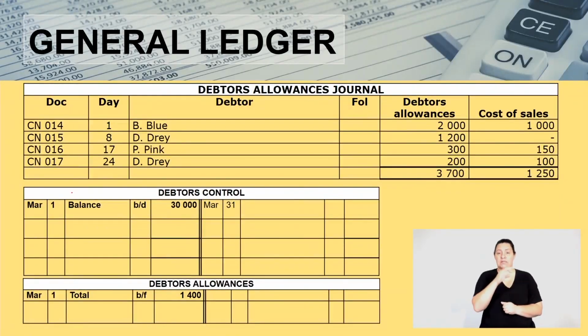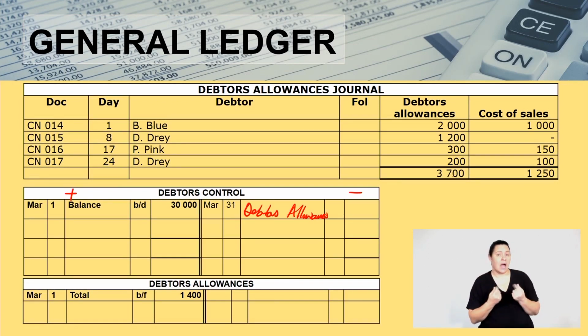So my debtors control, remember it's an asset. So there you have your plus. And then we're now saying, if I come here, it's a minus. So I'm going to record now my debtors allowances. All right. So here's my debtors allowances. How much is that going to be? 3,700.